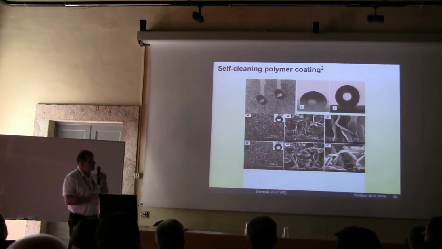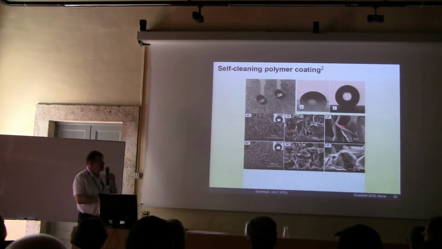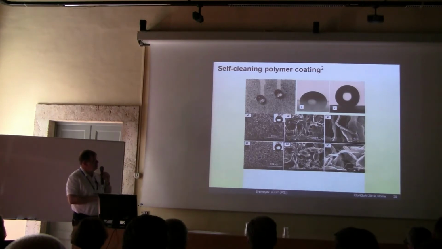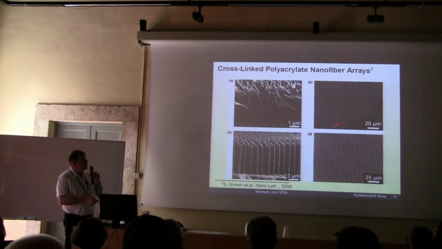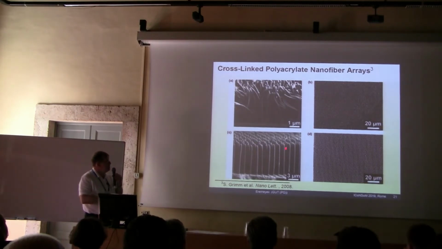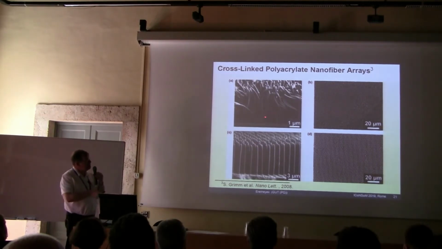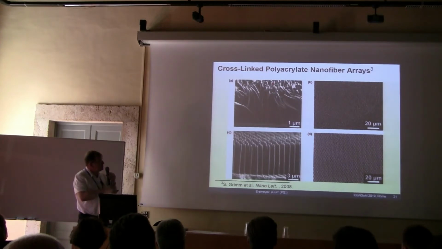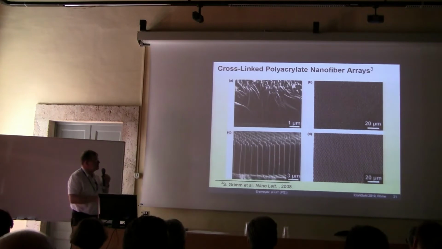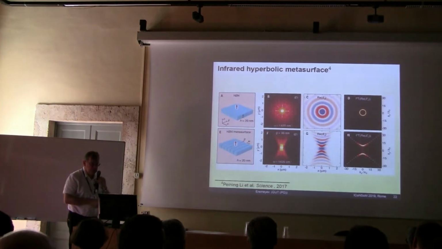They propose to use coatings which, with magnification, look like a foam-like material. Another kind is fiber arrays made of polyacrylate. They could be grown in a chaotic way, depending on length, or as ordered nanoarrays. You can see the difference.